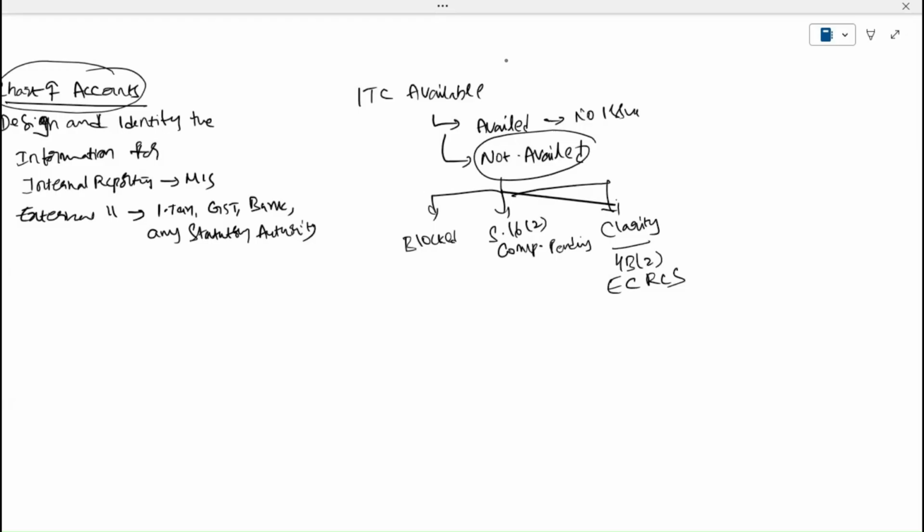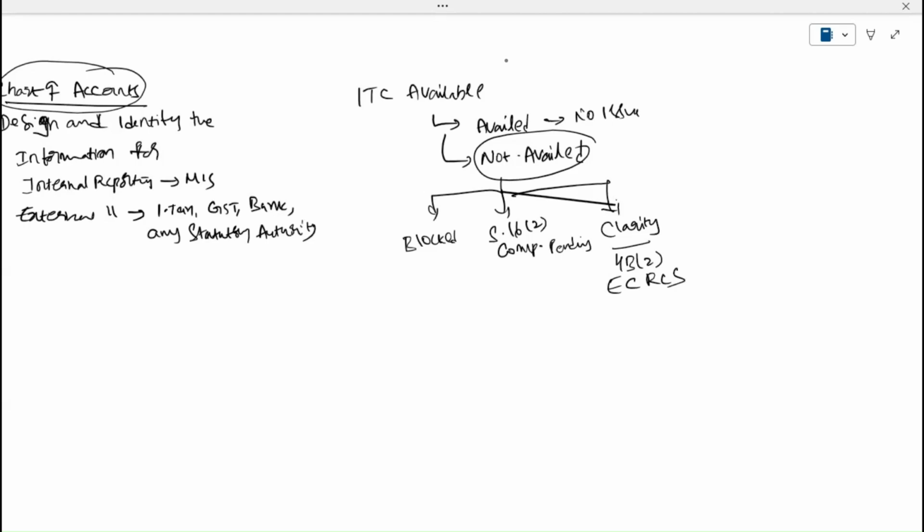Take the example of a construction company. When I do construction, I don't know whether I'll sell my apartments before occupancy certificate or after occupancy certificate. So when I have received the input tax credit, I don't know whether I use this input tax credit for taxable activity or for exempted activity. Now, with lack of clarity, I may avail, I may not avail.